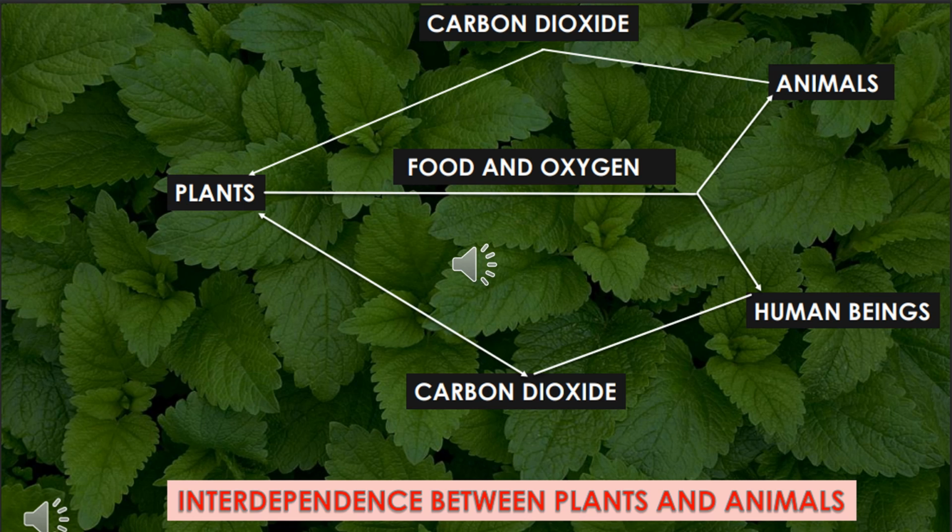Plants take carbon dioxide from animals and human beings. Then plants give food and oxygen to animals and human beings. Here you can see the interdependence between plants and animals.